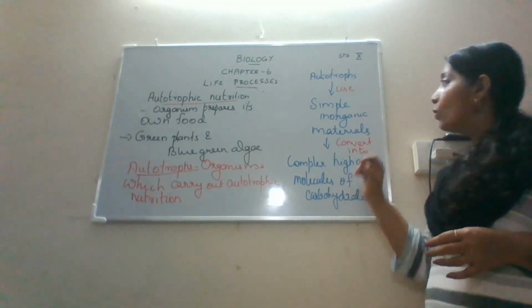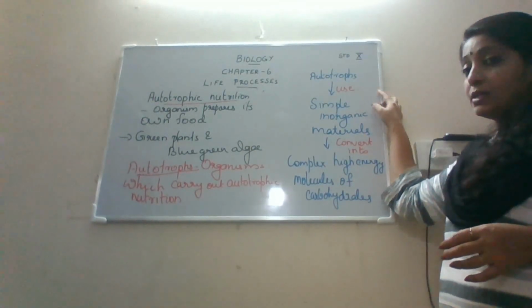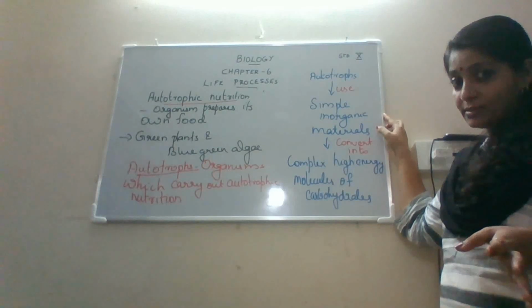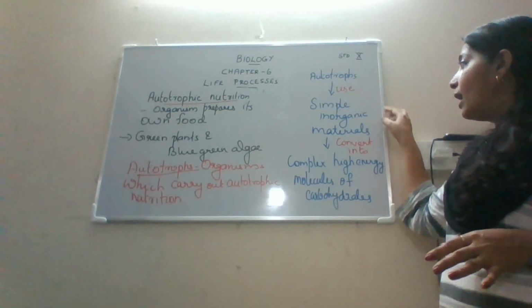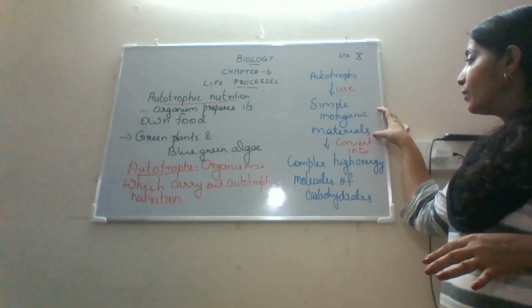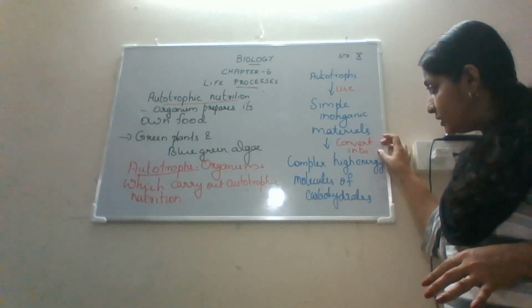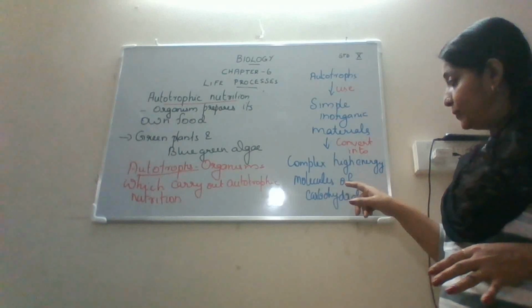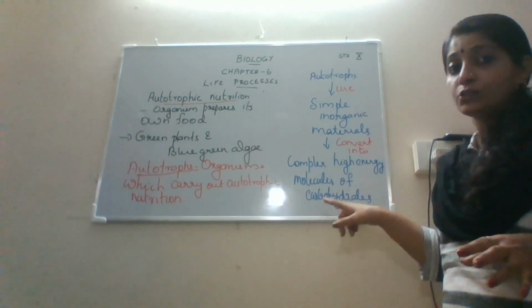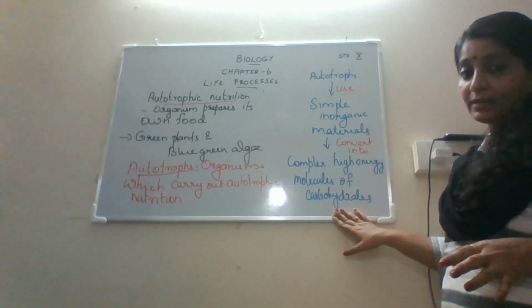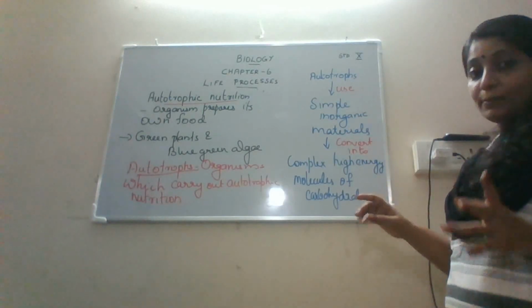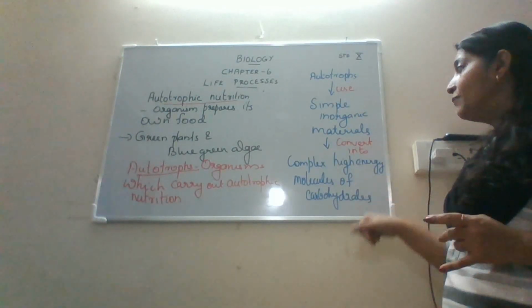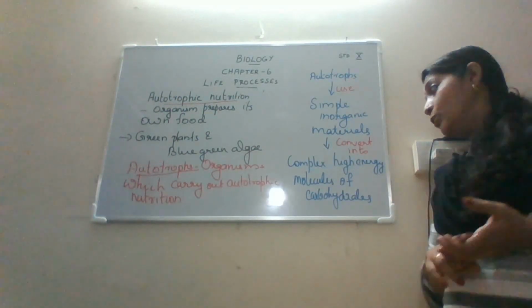Autotrophs use simple inorganic materials which are available around them and convert them into complex high energy molecules of carbohydrates. Usually autotrophs like green plants use the simple inorganic materials and convert them into complex high energy molecules.